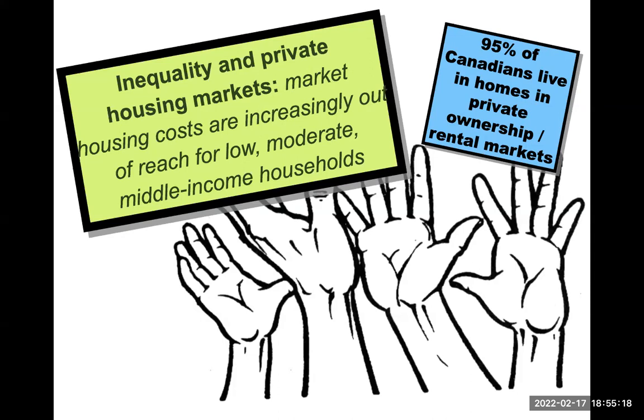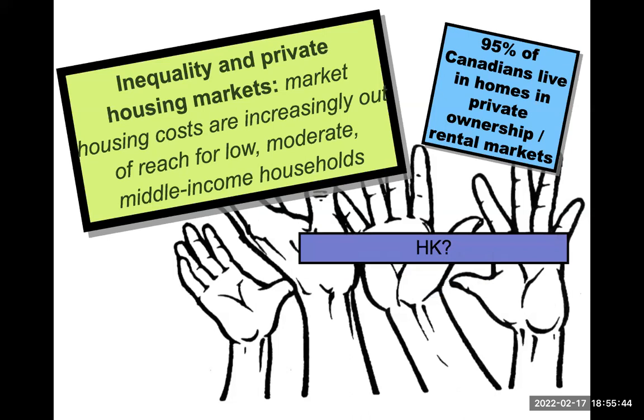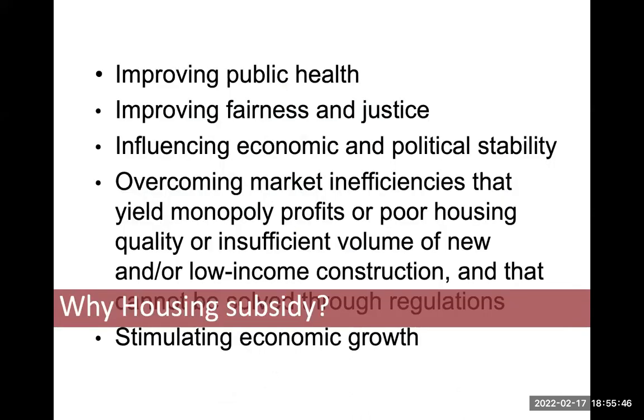And this inequality in private housing markets is represented by market housing costs, which are increasingly out of reach for low, moderate, and middle-income households. And 95% of Canadians choose to live in homes in private ownership or rental markets. So this is how we see the private rental markets.